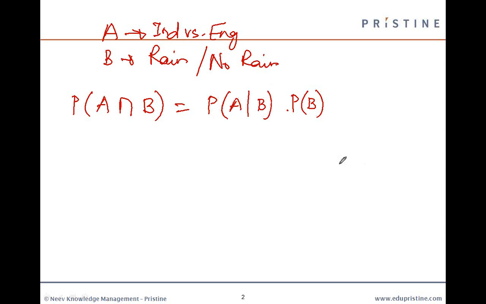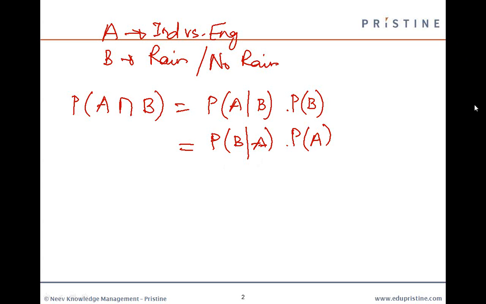Or let's say I know that first the India-England cricket match result will come out and then rain will occur. So I can say that as the probability that India beats England in the cricket match tomorrow and the conditional probability of rain occurring given India beats England in the cricket match. Let's say rain gods become very happy if India beats England. They actually shower you with rain.